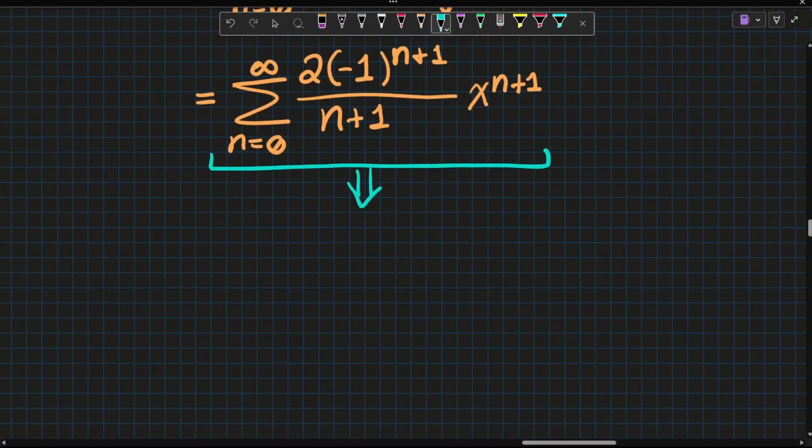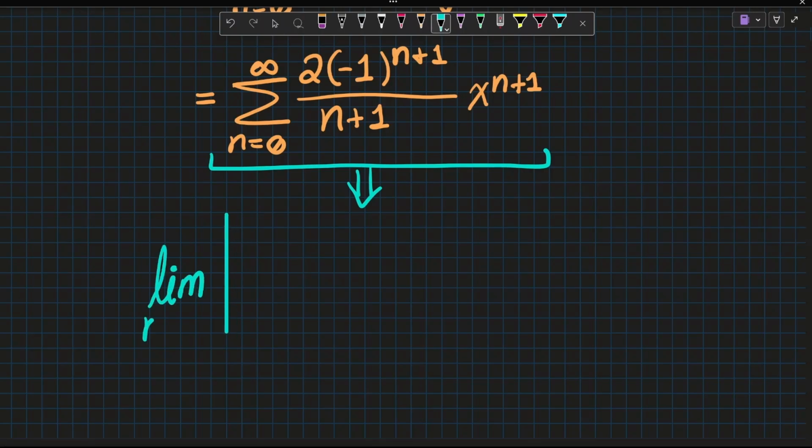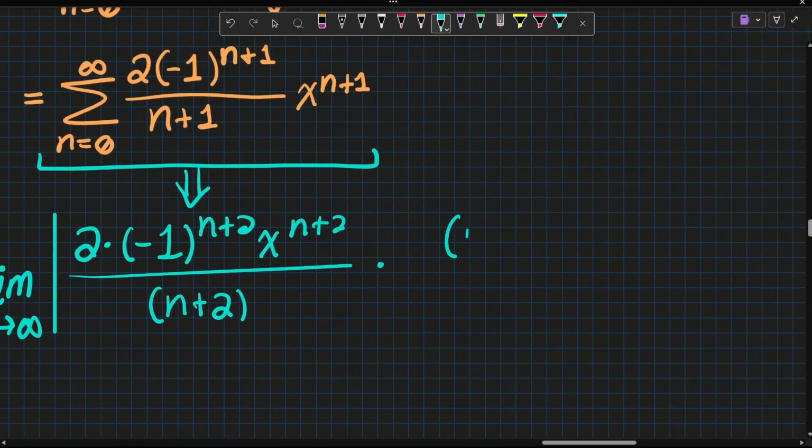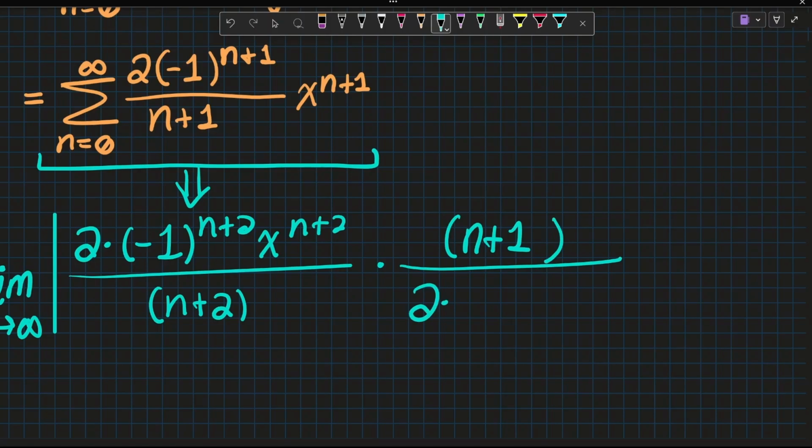Now here we have the absolute value, of course, taking the limit as n approaches infinity of 2 times -1 to the n plus 2, x to the n plus 2 over n plus 2, times n plus 1 over 2 times -1 to the n plus 1, times x to the n plus 1.